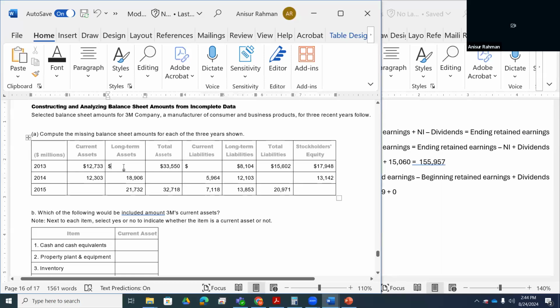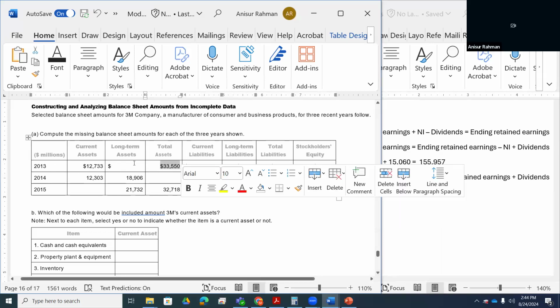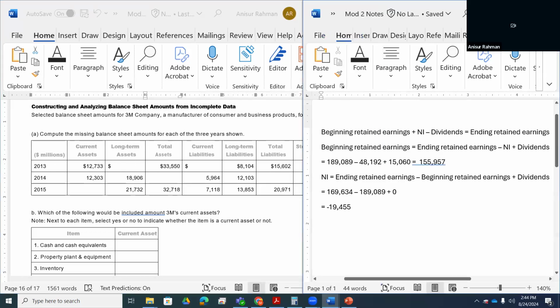So you have to find out long-term assets here for 2013. We know the total assets, and total assets is equal to current assets plus long-term assets, right?